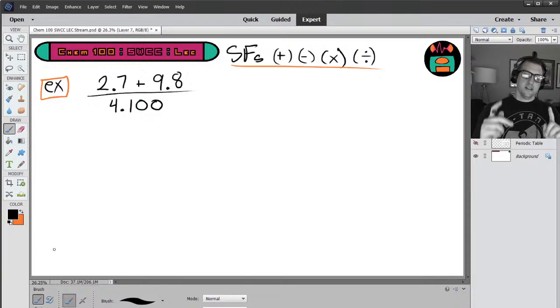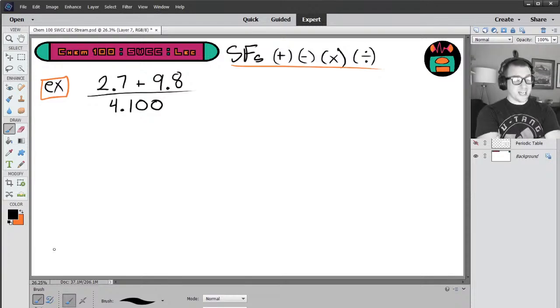All right. How would you tackle a situation like this? This one's tricky because you have both addition and division, which have different rules for sig figs. So how do you handle it?